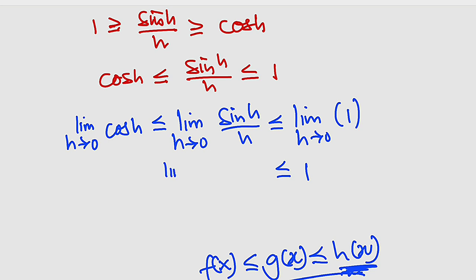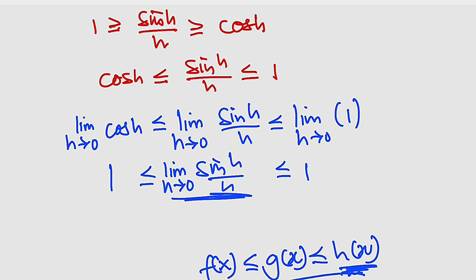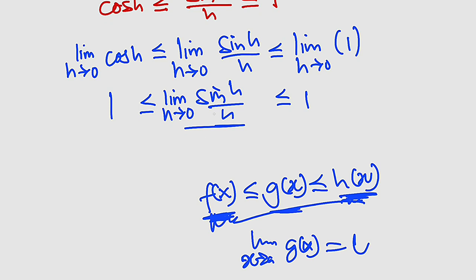Limit as h approaches 0 of sine h over h. So if you substitute 0 in here, you're going to obtain cos 0, and cos 0 is equal to 1. So you can see that this function has been squeezed in between 1 and 1, and hence we conclude that the limit as h approaches 0 of the function sine h divided by h must also be equal to 1.